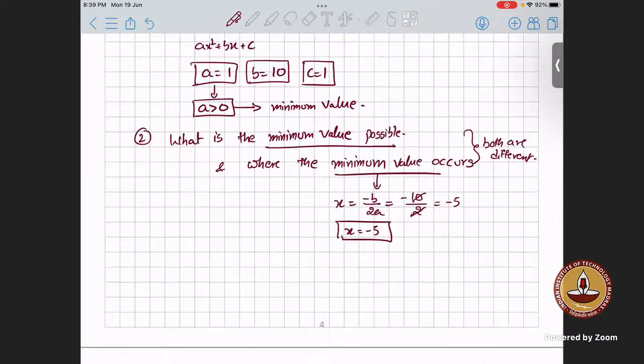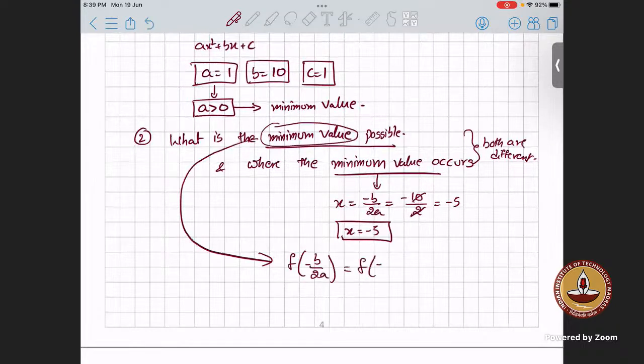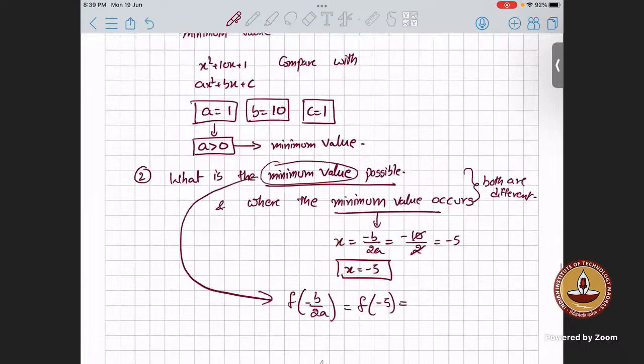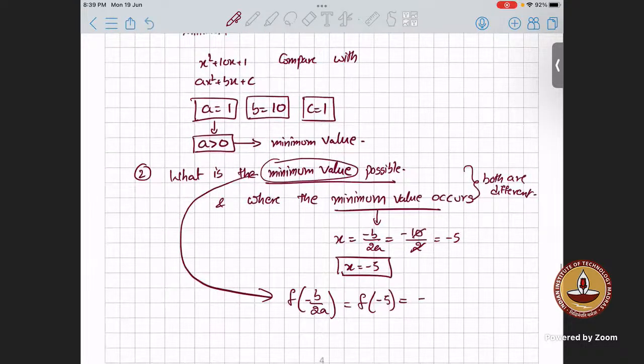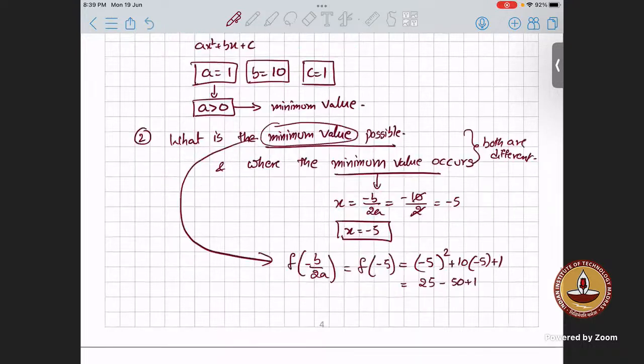But if someone directly asks what is the minimum value, we have to substitute f of minus b by 2a, that is f of minus 5, equal to minus 5 whole square plus 10 into minus 5 plus 1. 25 minus 50 plus 1 equal to minus 24. Everyone get this? Good.